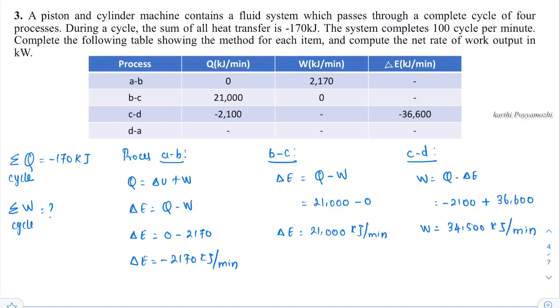That is the question: complete the following table showing the method for each item, and compute the net rate of work output in kilowatt.